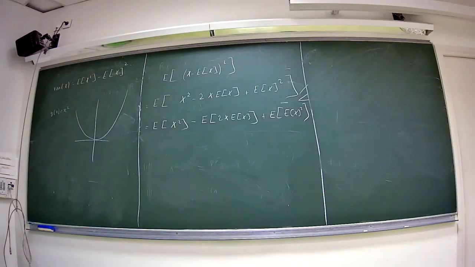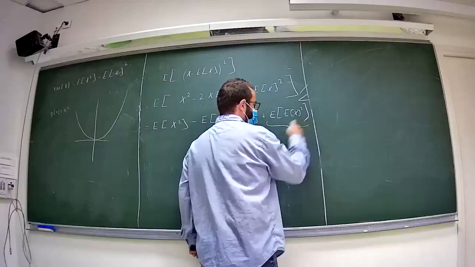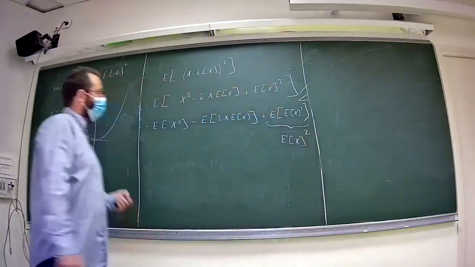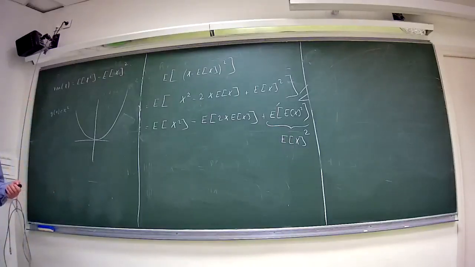What is this one here? Because the expectation of X, squared, is a constant. We have seen in the first statement that the expectation of a constant is the constant itself. So this one is the square of the expectation of X. What can I say about this one? I know that an expectation is linear. And here, 2 times the expectation of X is a number, so I can remove it from the expectation by linearity.